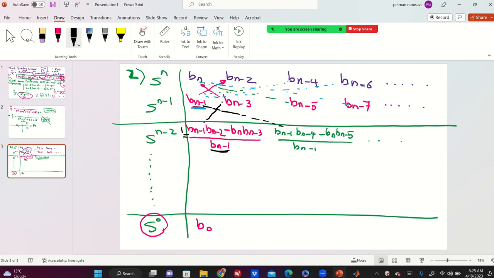Let me call this A, the whole of this A. So S^(n-3), see, it's coming down, is going to be A times b_(n-3) minus, let me call this B, all of that B, times b_(n-1), divided by again A. Now the next one, right? And it continues like this, and you come down all the way here.